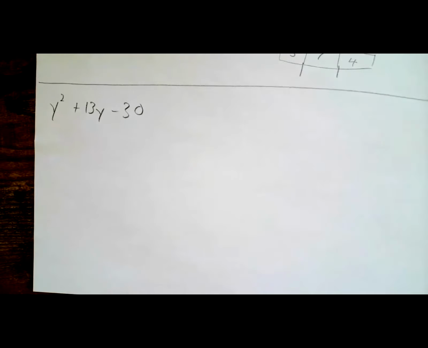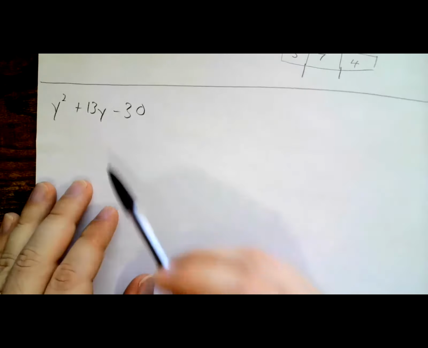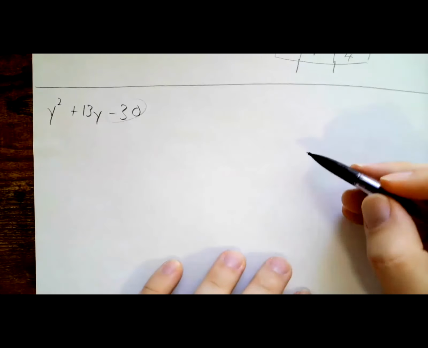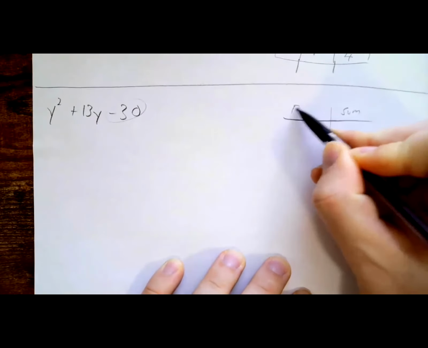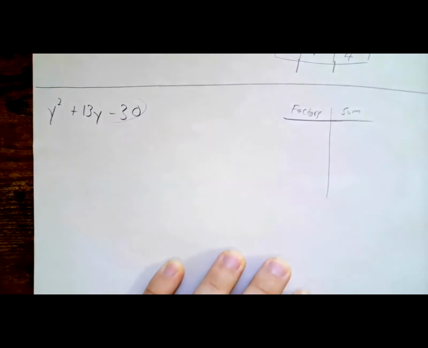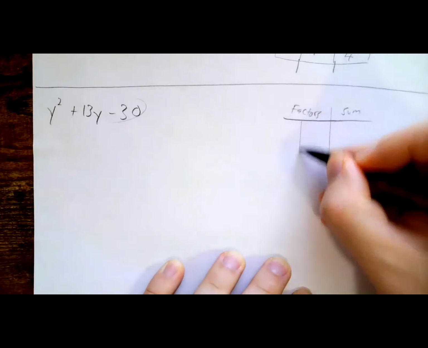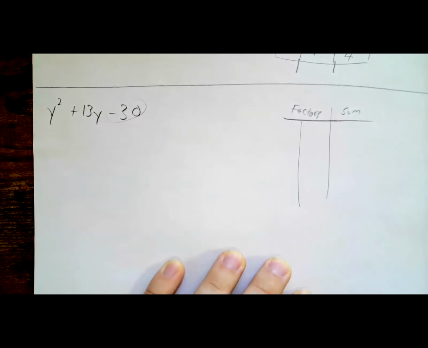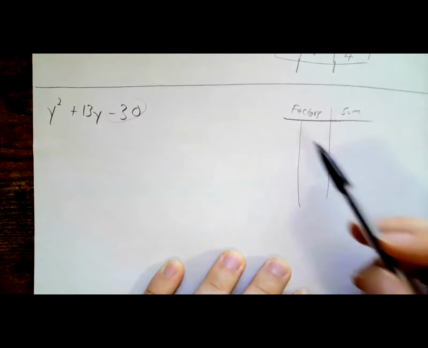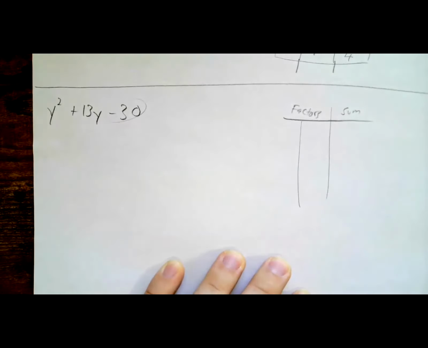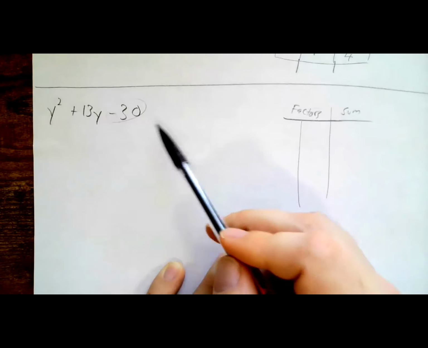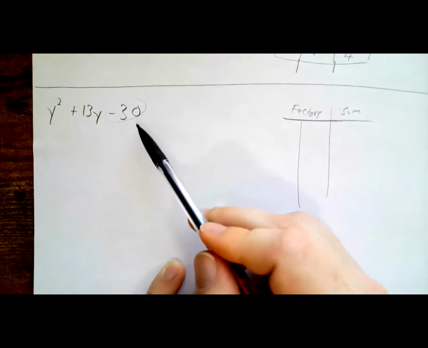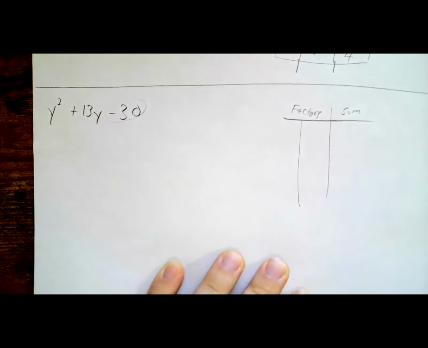Okay, after giving you some time to think, let's check it out. Focusing on this constant term, let's make our little chart. Factors of negative 30. I guess I won't even write down 1 and negative 30 and negative 30 and 1 because of course those aren't going to add up to 13.